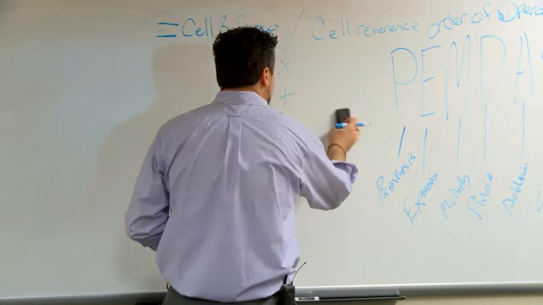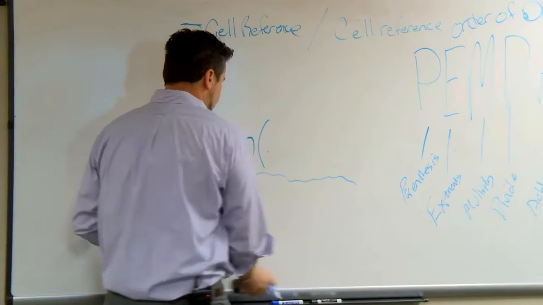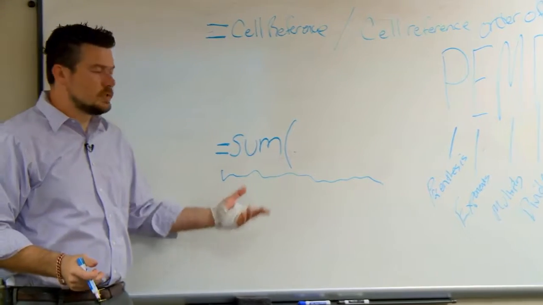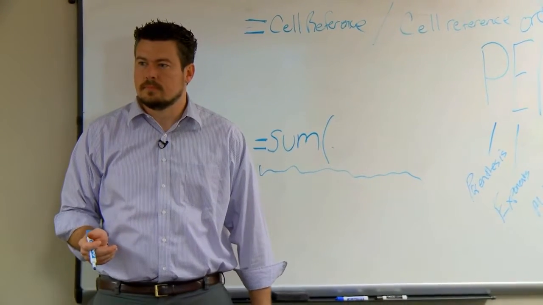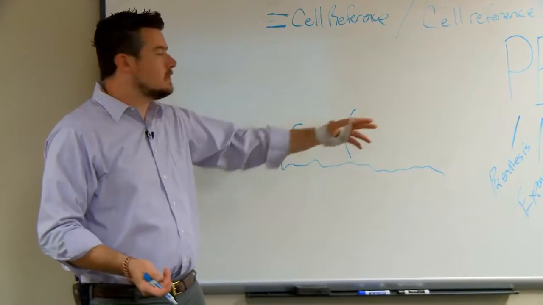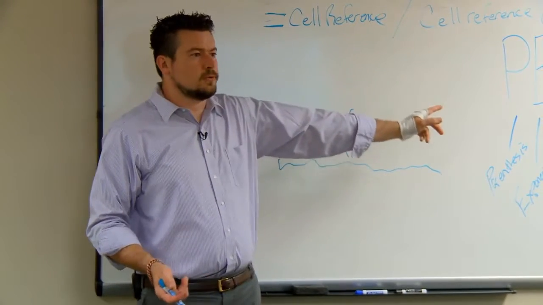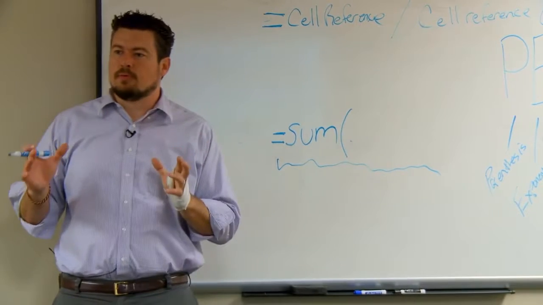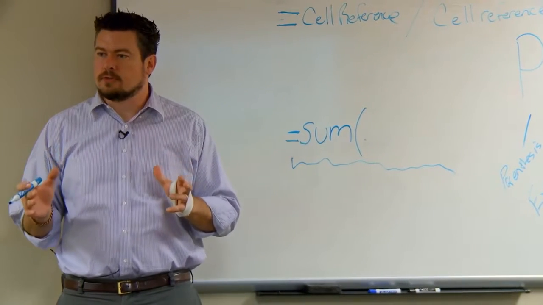So if we try to build this formula out, we do equal sum, and we start with parentheses, because that instantly tells us that's the first order of operations. Anything inside the parentheses is what we're going to do first.